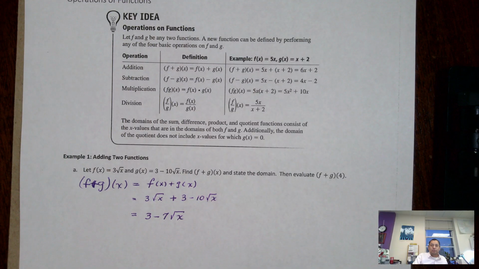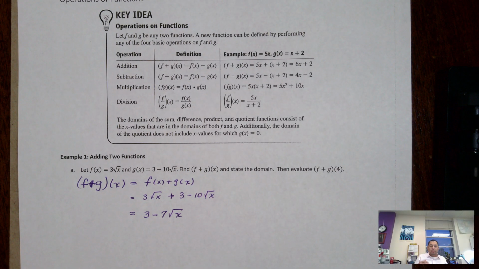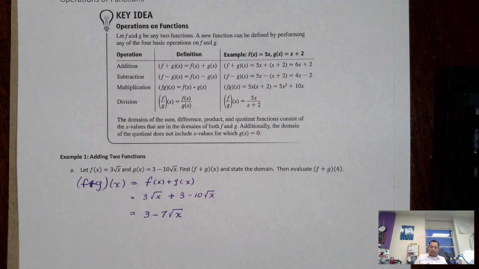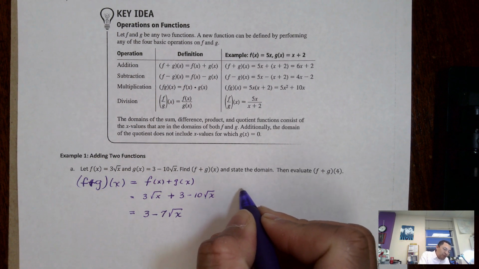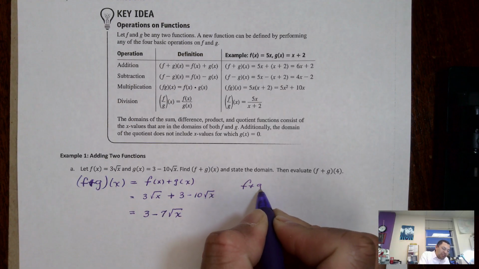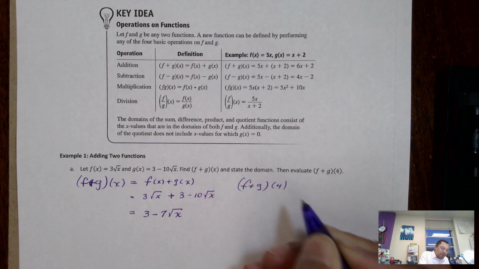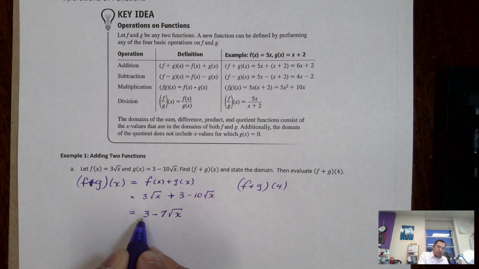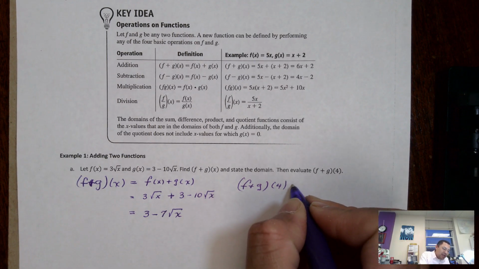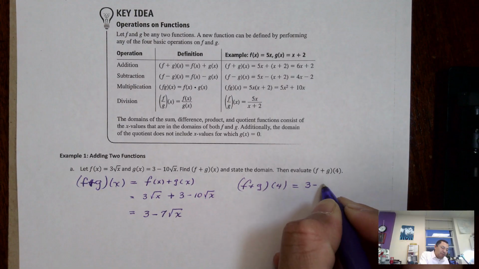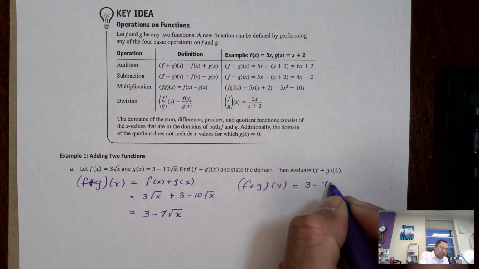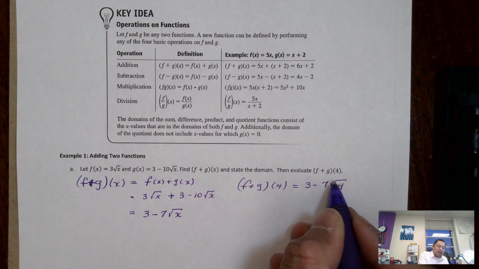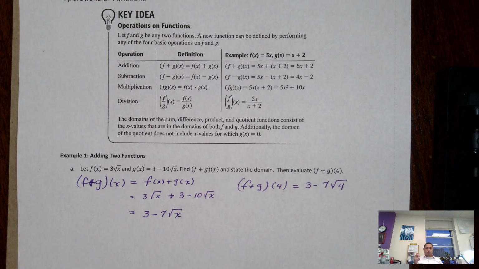Now what we are going to do is evaluate the function. They're asking me to do f plus g of 4. Okay, I have my function here, 3 minus 7 square root of x. So I'm going to have 3 minus 7 square root of 4. I know square root of 4 is equal to 2.